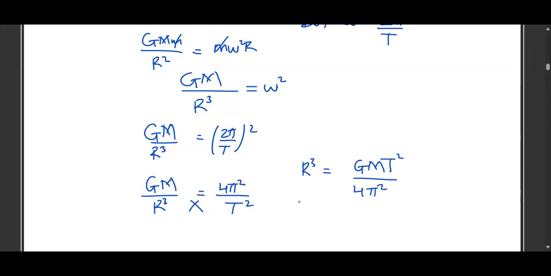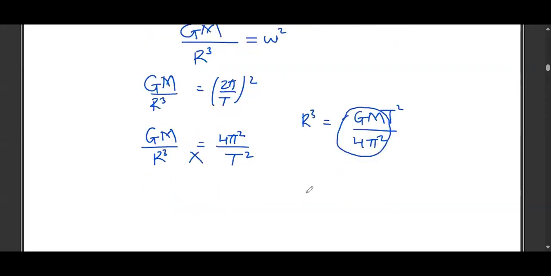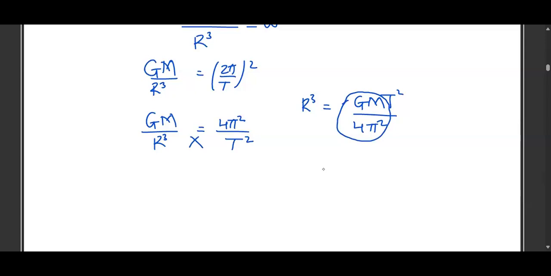Now for this case, as you see, this part here is a constant. So I can simply say that my r cubed is directly proportional to T squared, whereby the constant k is given by GM divided by 4 pi squared.